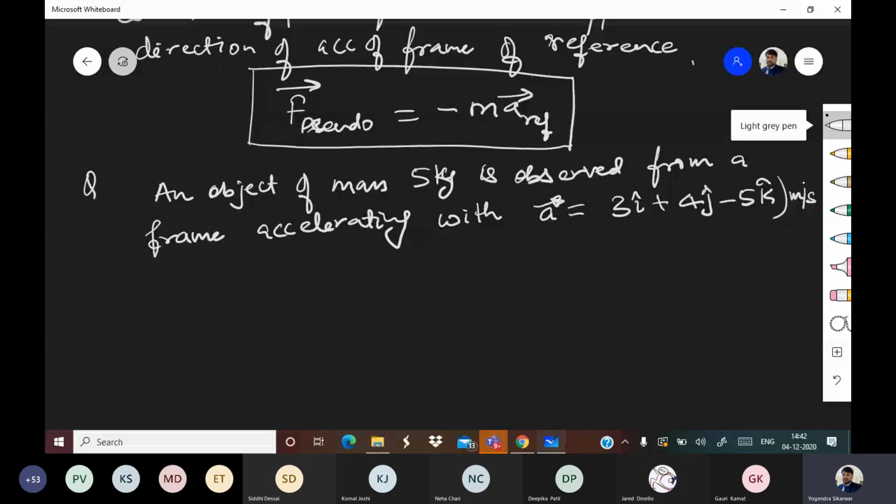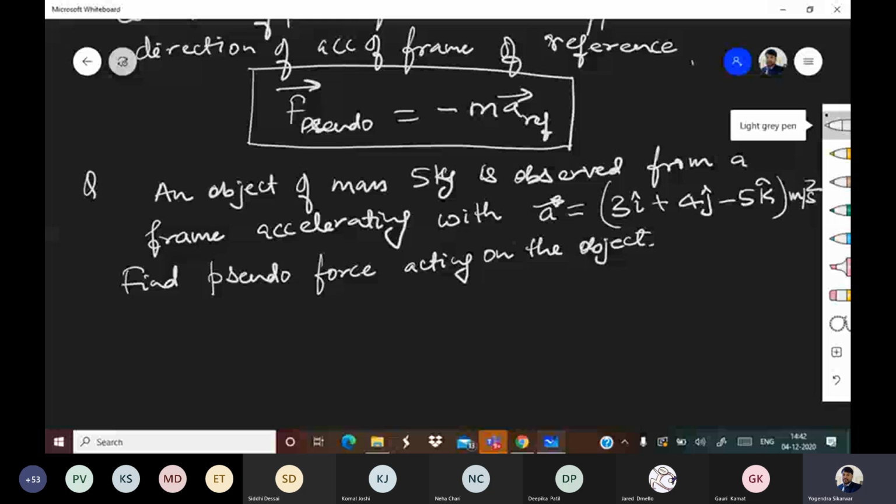Find pseudo force acting on the object. Okay, please find. Find pseudo force acting or to be applied. Both have same meaning.